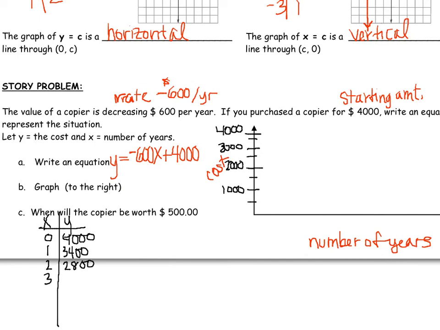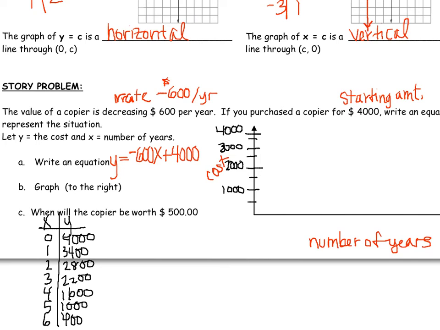After 3 years, it goes down another 600, that's 2,200. After 4 years, decreasing another 600, it's 1,600. After 5 years, going down again 600, that's 1,000. And after 6 years, going down another 600, that's 400. And if I did 7 years and tried to subtract 600 from 400, I'd have a negative number, which we know just isn't quite possible. So we'll stop where we're at.